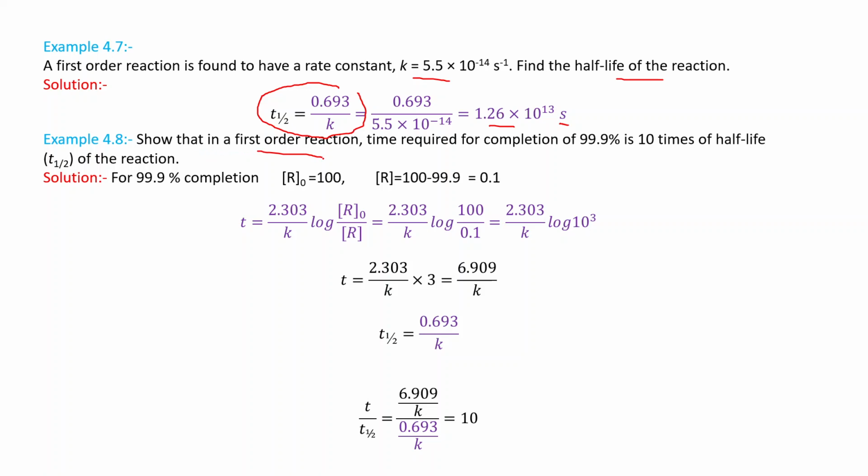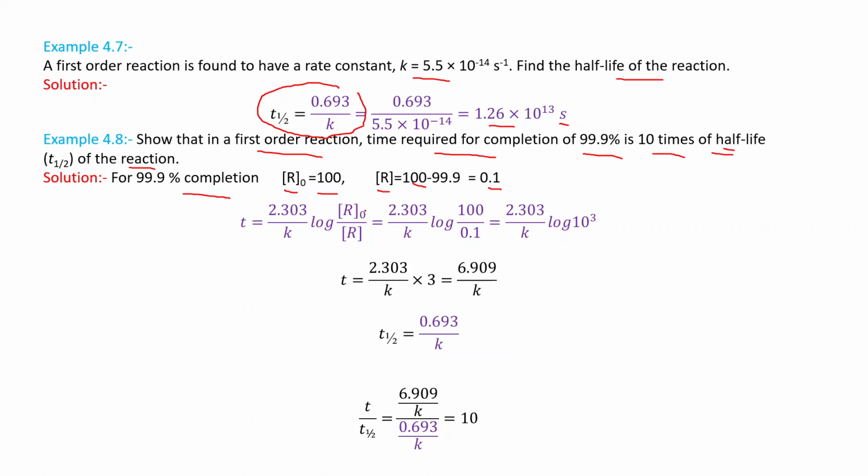Show that in a first order reaction, the time required for completion of 99.9% is 10 times the half-life of the reaction. So for 99.9% completion, we can say if the initial concentration is 100 and this is completed up to 99.9%, how much remains? This is 100 minus 99.9, that is 0.1.